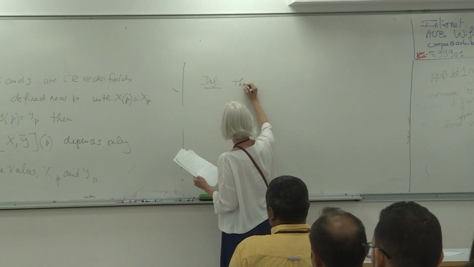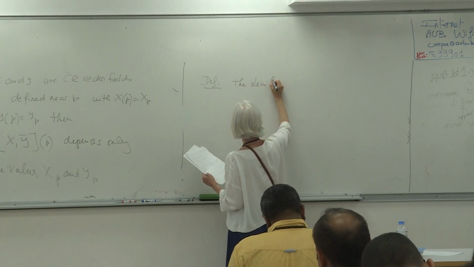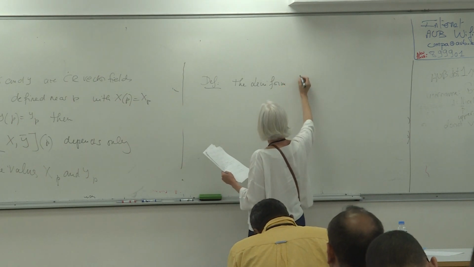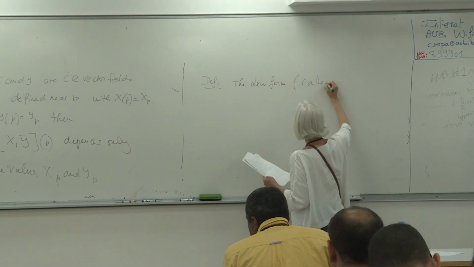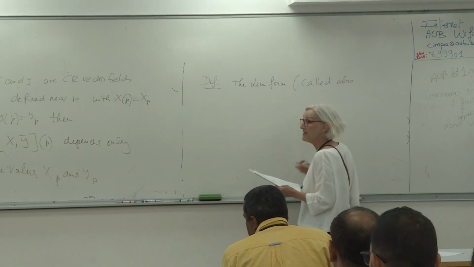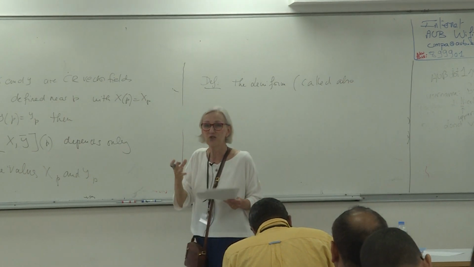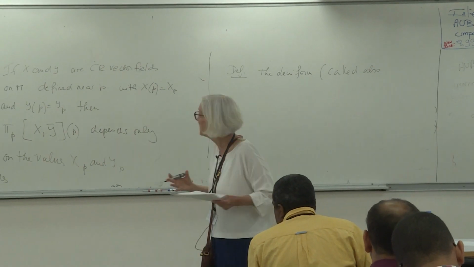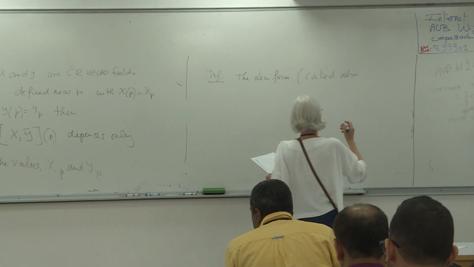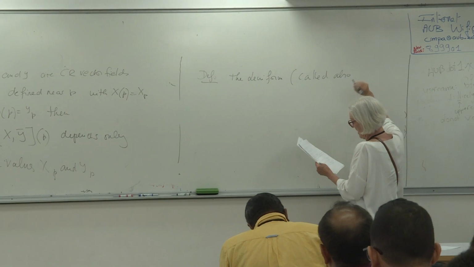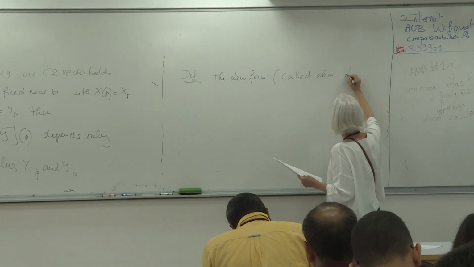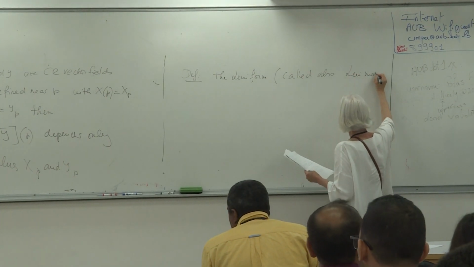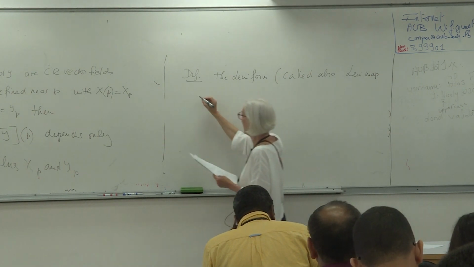The Levi form, called also the Levi map, because here I show it in the real hypersurface case, but you can do the same with codimension bigger than 1. So it's going to be the Levi map in a more general context.